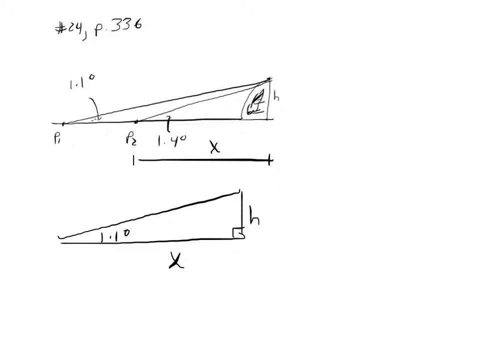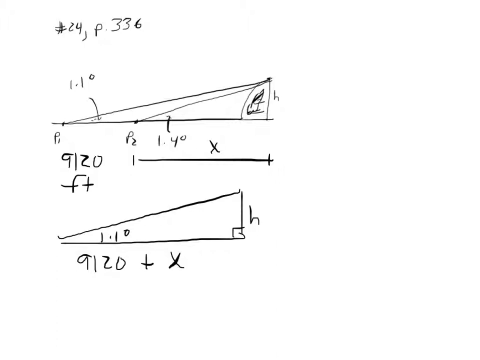That's 1.5, and then I have to multiply 1.5 times 6080, and I get 9120 feet. So I know that the distance from P1 to P2 is 9120 feet. Therefore, on my big picture, that bottom base is going to be 9120 plus X.